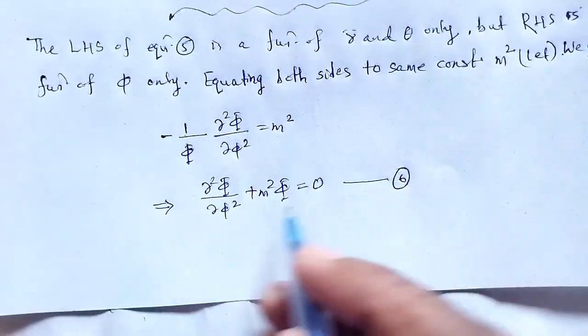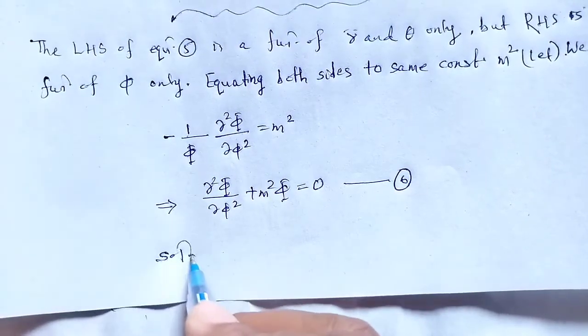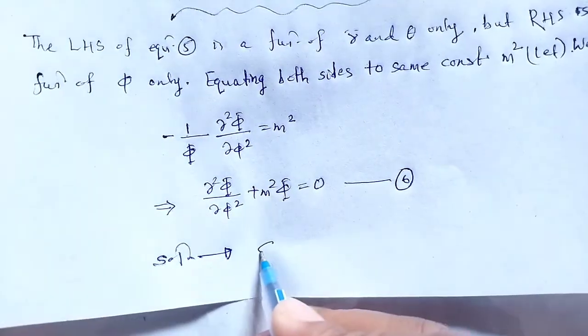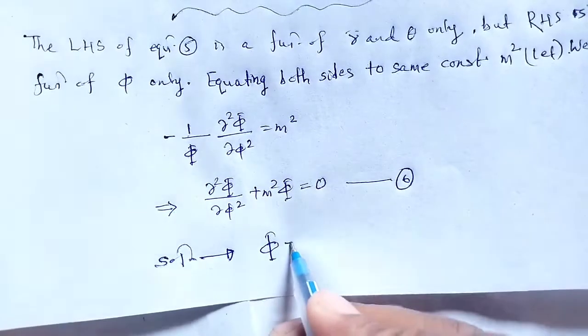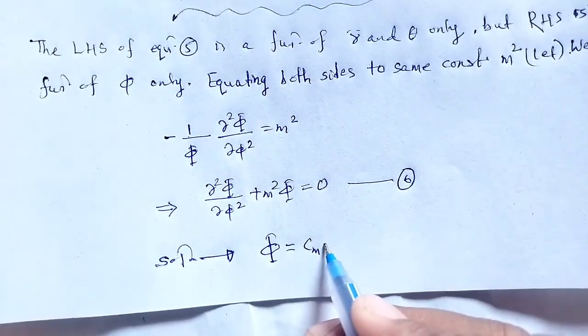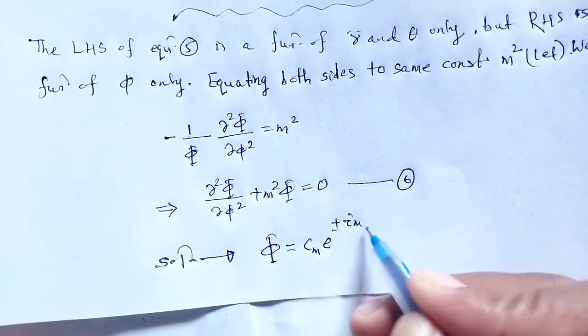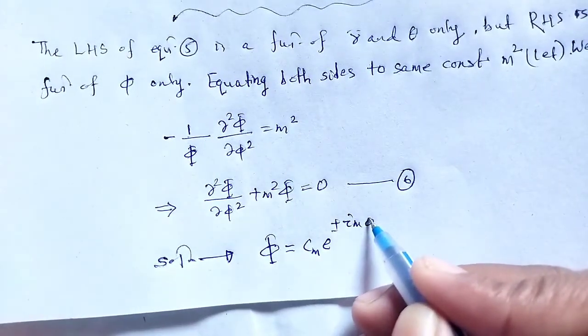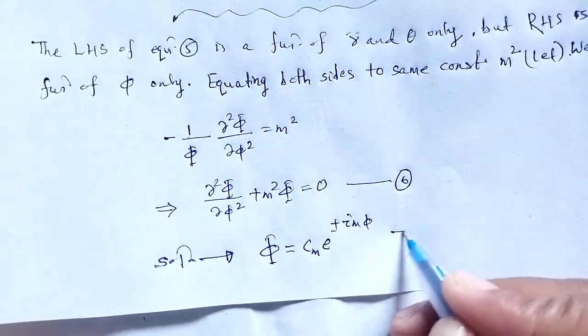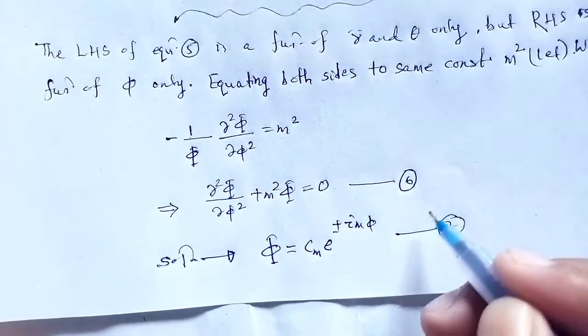The solution of this type of differential equation is Phi is equal to Cm e to the power plus minus i m phi. That is equation number 7.